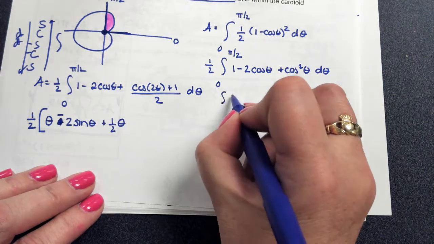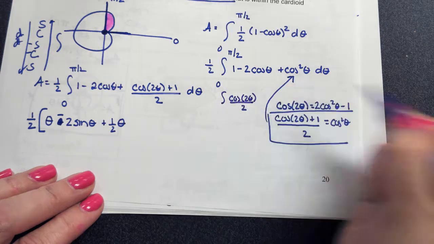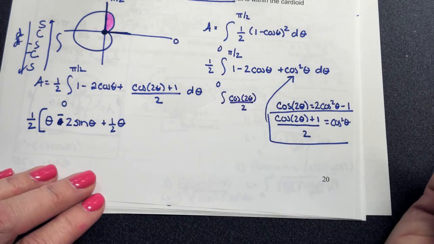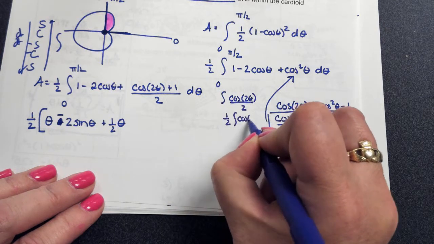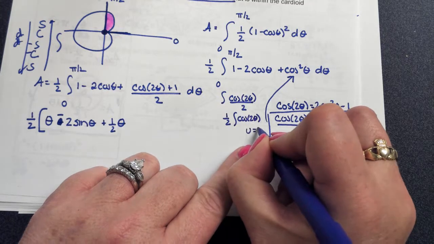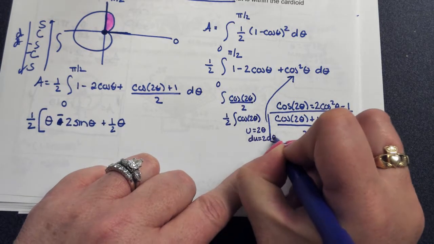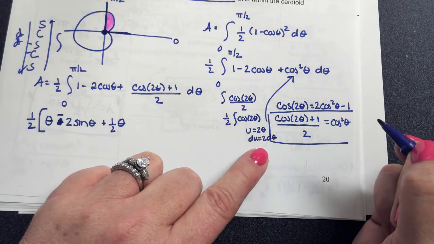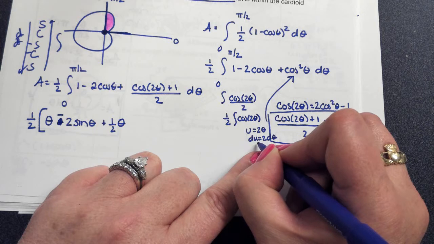So now let me talk about how I'm going to integrate cosine of 2 theta all over 2. I can pull out that 1/2, which is going to give me cosine of 2 theta. So I'm going to have to do a u sub. u is equal to 2 theta, du will be 2 d theta. So what constant am I going to pull out? 1/2.